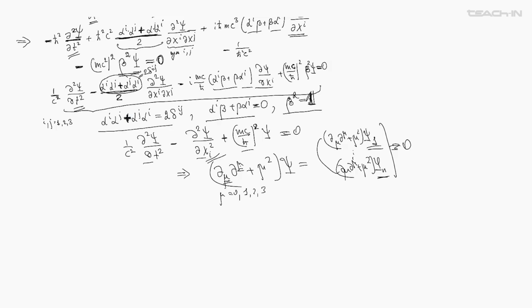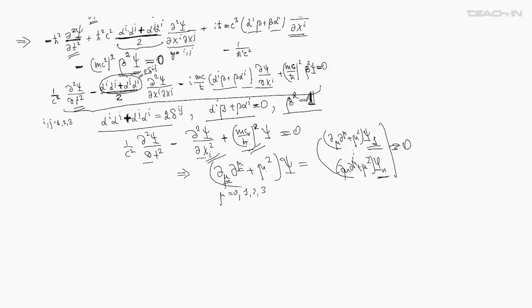I want to say that if it is defined as the Klein-Gordon equation only, then how is it different from the Dirac equation? Means the expression should be something different, right? Klein-Gordon equation. What do you mean?